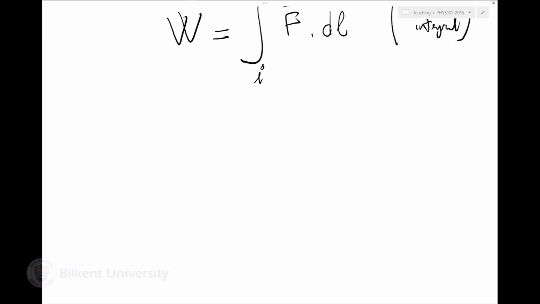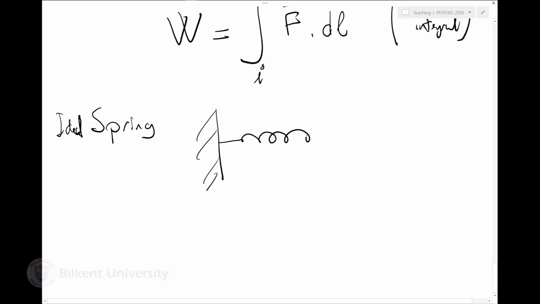and also introduce a new kind of object to our discussions. Let's talk about an ideal spring. Now, the ideal spring is a very nice object. It has some relaxed length, L0.